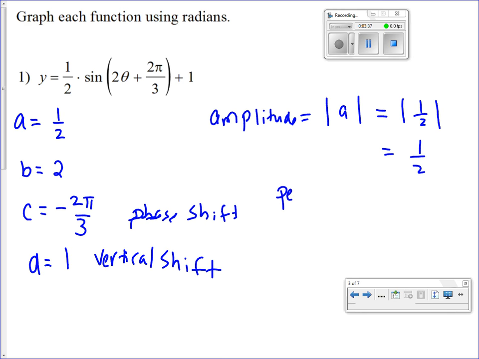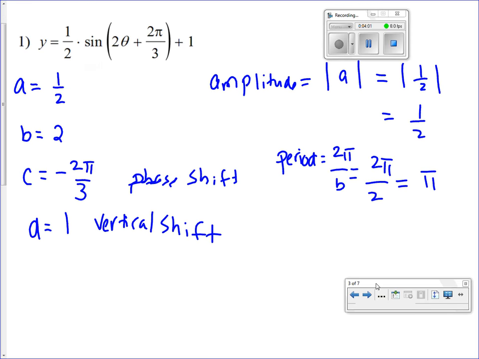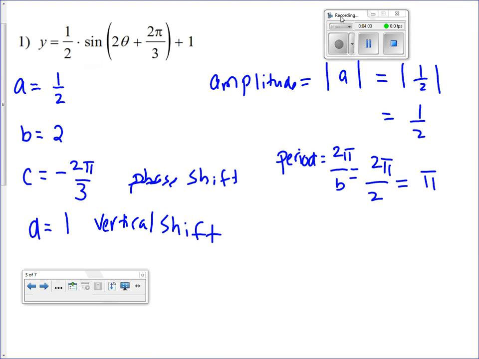Next thing we're going to find is the period. And our formula for that is 2 pi over b. So we take 2 pi and b, which we already identified as 2, and we reduce. So our period of this function is pi. Right. Now the whole point here is we want to graph all 5 points of this function.